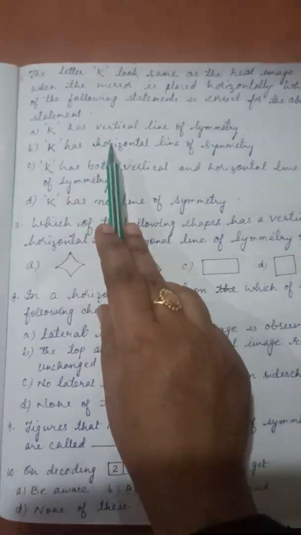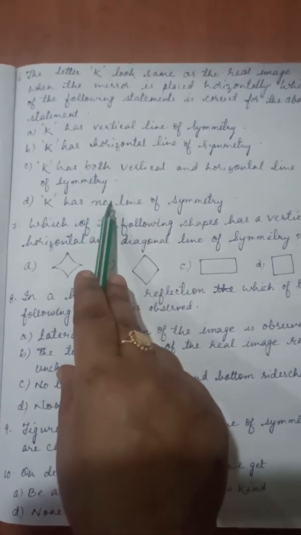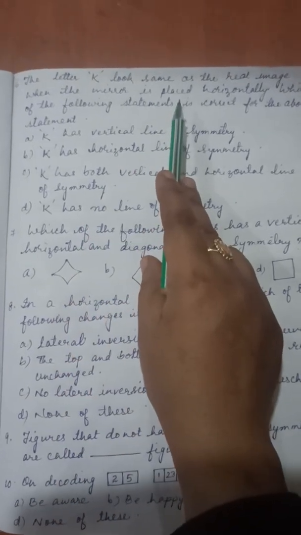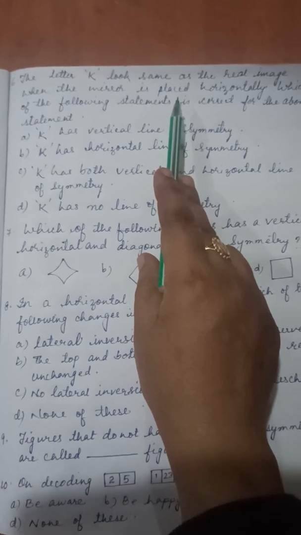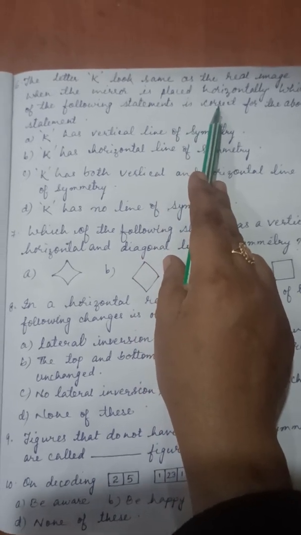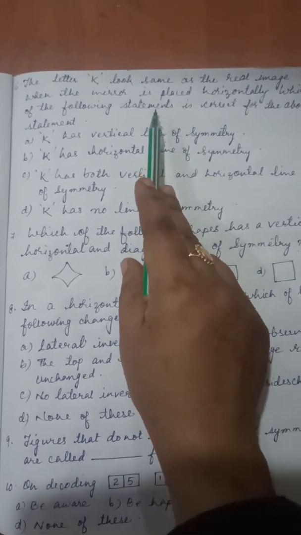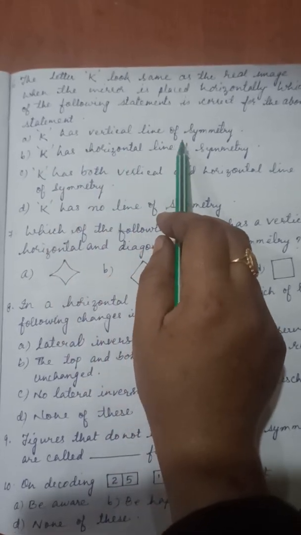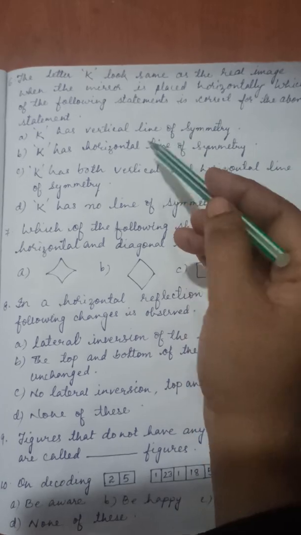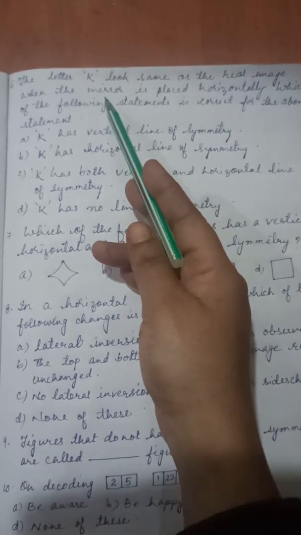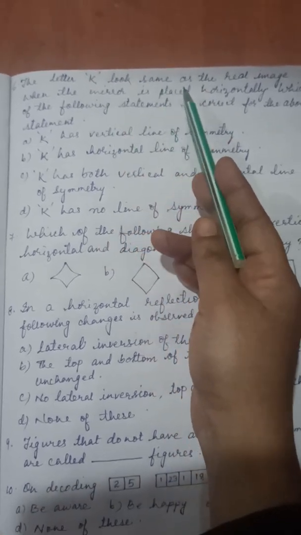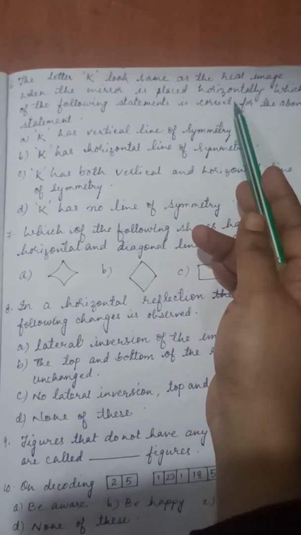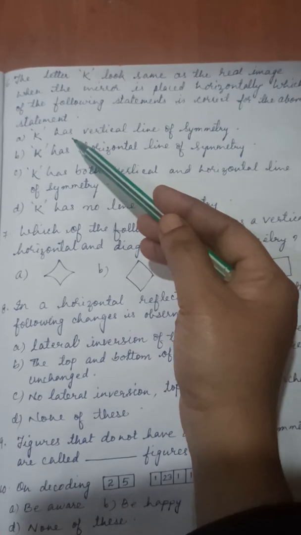So here 4 different statements are given to you related to the images or the reflection that you get in a horizontal mirror. So which of the following statement is correct? Whether K has vertical line of symmetry, this means you need to find out the reason why K will look same when a horizontal mirror is placed.